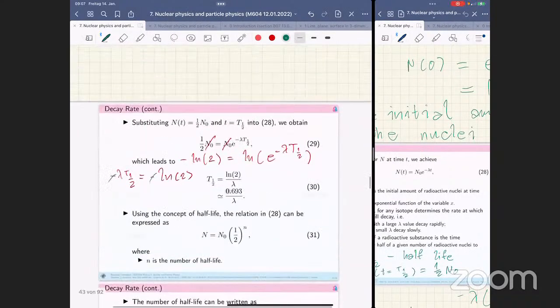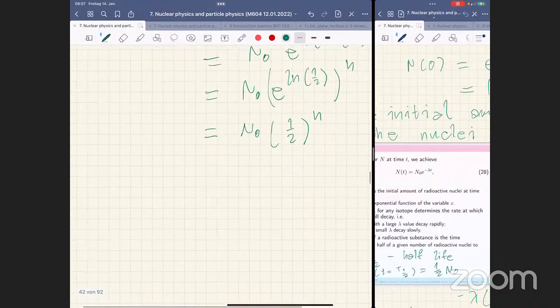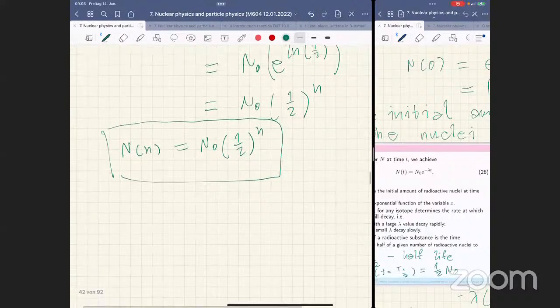It's the amount of nuclei at a multiple time of the half-life, and that's N0 times 1 by 2 with the power of n, and that's the thing we need to remember.